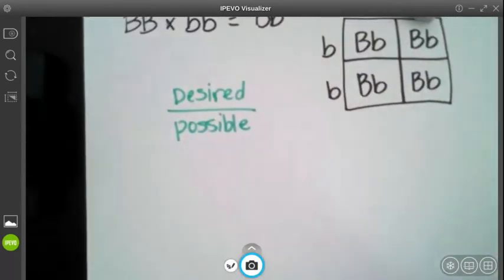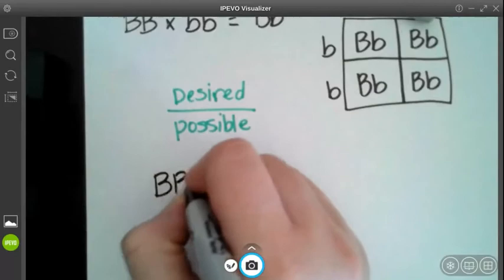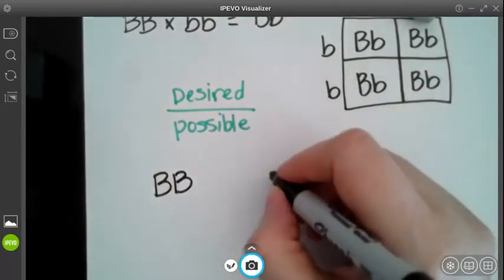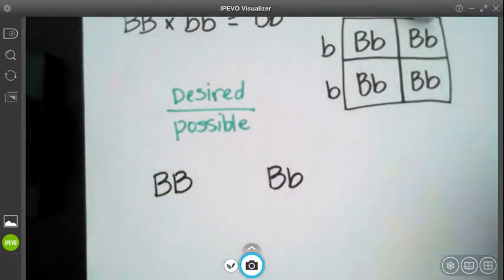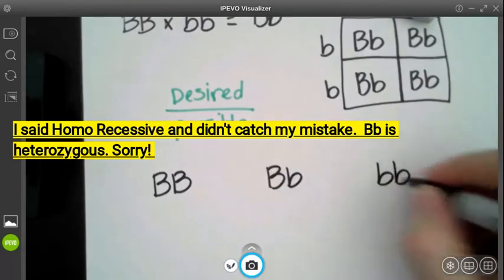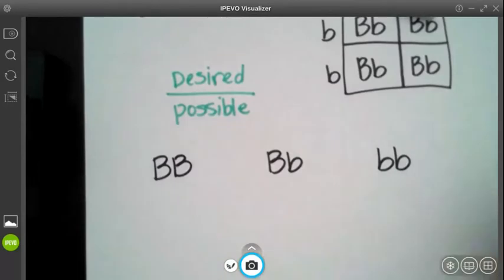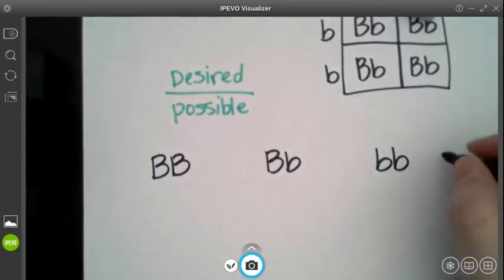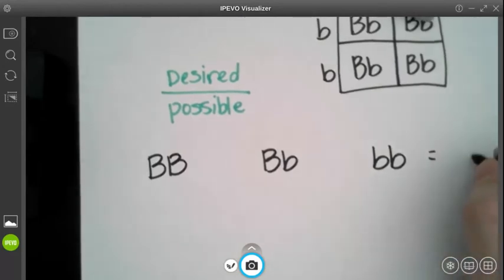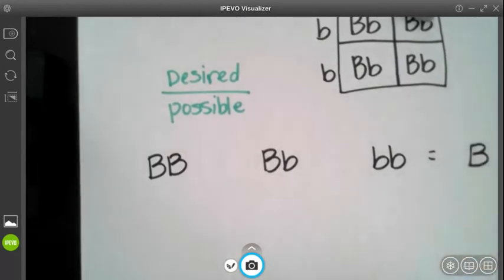So again, I can have either a homodominant, a homorecessive, or a heterozygote. For my desired, I'm going to use the big B. So the big B is what I want to have out of these problems.